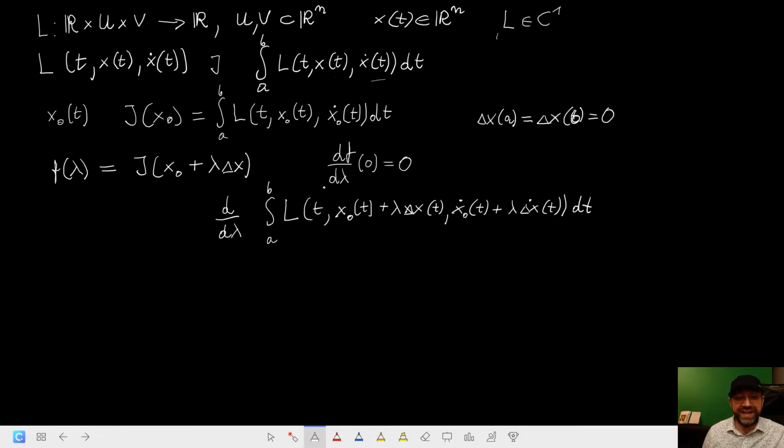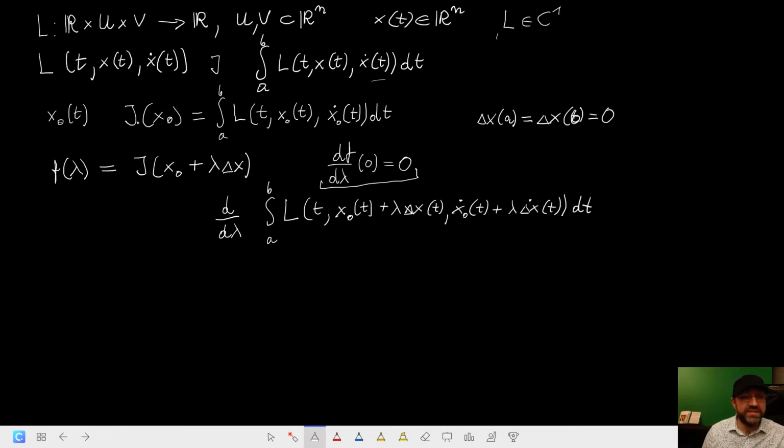So we can safely write this, that if x0 is minimizing this functional, x0, once again, I'll remind you, this is trajectory.